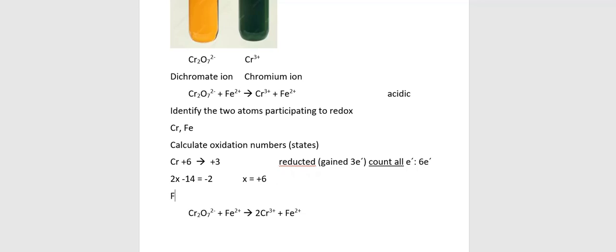The iron, as we saw before, goes from plus 2 to plus 3, meaning it has been oxidated. It has lost 1 electron.